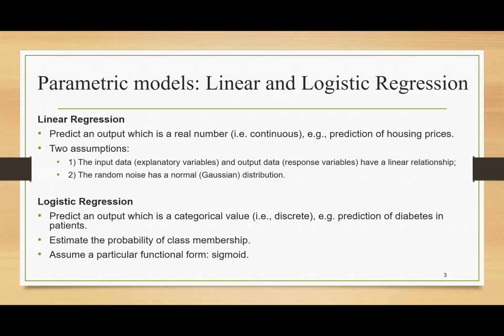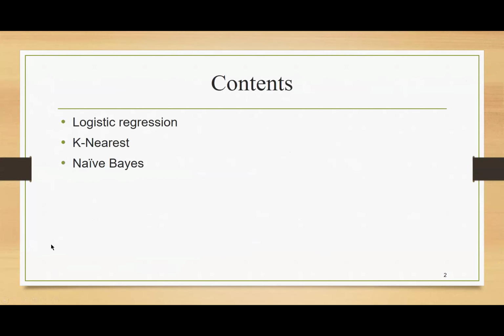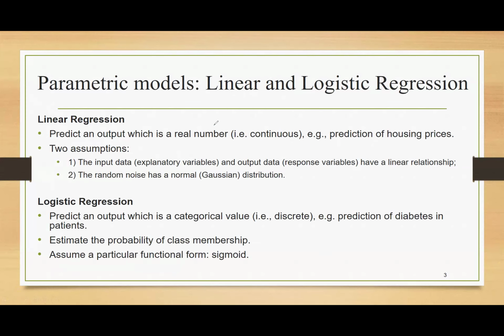So from last class, we've already learned about linear regression, and logistic regression is actually based on linear regression. In linear regression, we are predicting some values, so it should be a real number, such as the prediction of housing price.